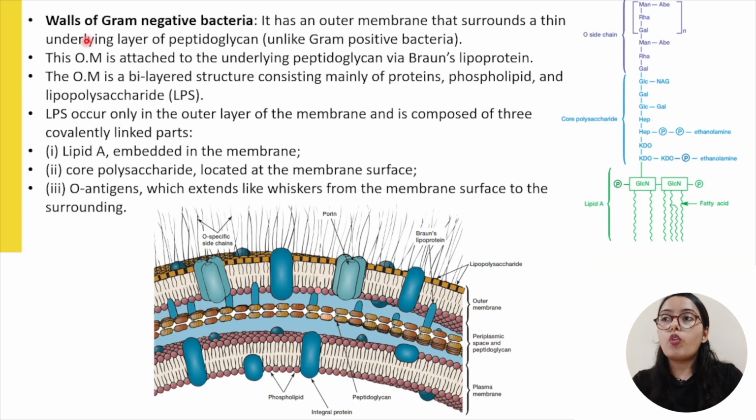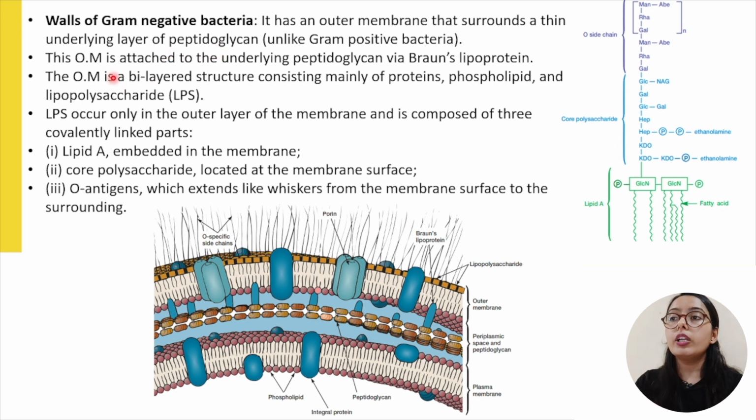Now, talking about the walls of gram-negative bacteria, the very important and distinguishing factor is that they have an outer membrane, which is unique to gram-negative bacteria and is not present in gram-positive bacteria. This outer membrane surrounds the layer of peptidoglycan.